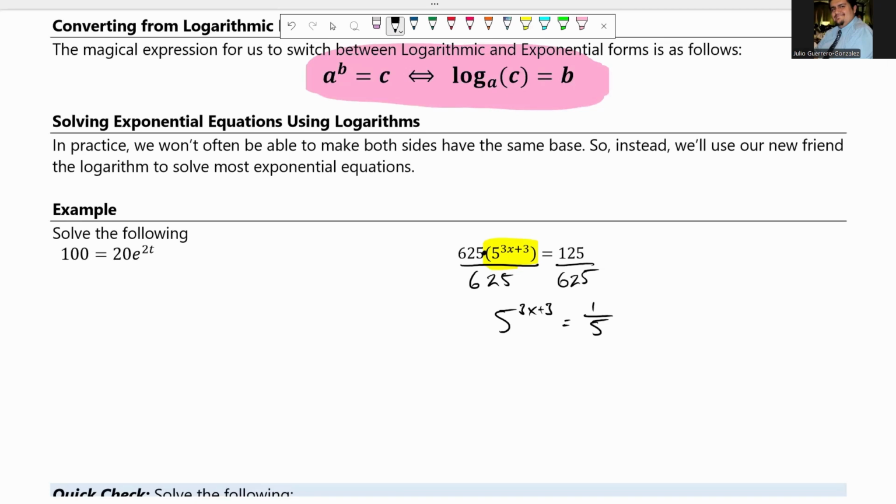Now we have that exponential version, and we're going to try to change it into the logarithm. We can see it's base 5. So I'm going to turn it into the other side: log base 5 of 1/5 is equal to 3x plus 3.